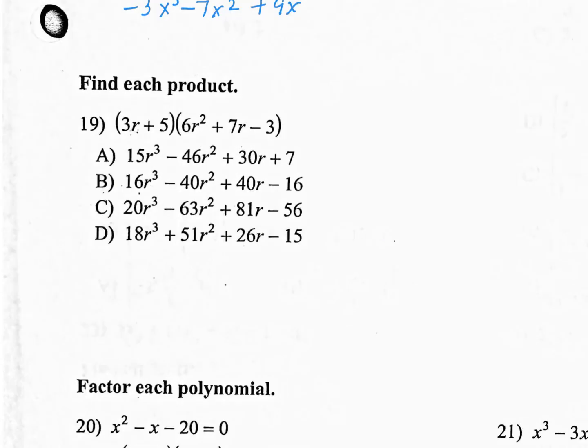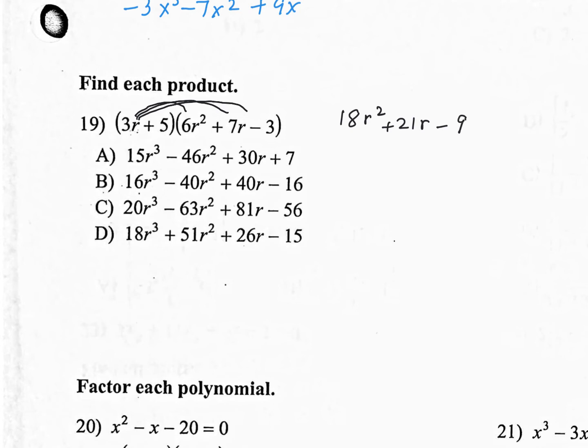Number 19, I'm going to go ahead and multiply, and I'm going to show you how to multiply here. You have 3r times 6r squared gives you 18r squared. 3r times 7r gives you 21r. 3r times negative 3 gives you negative 9.